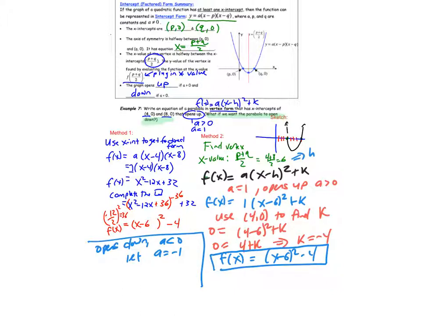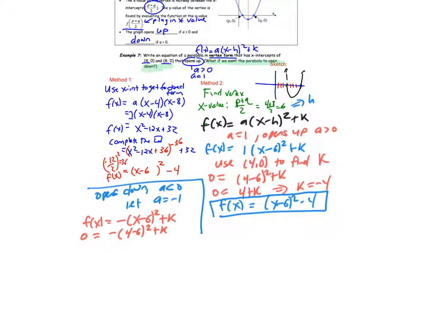And then let's go back to finding the k value if we know the x value of the vertex, like we were just doing. So we're going to have that f(x) = -(x - 6)^2 + k. We'll substitute in (4, 0) like we just did. So 0 is equal to -(4 - 6)^2 + k.